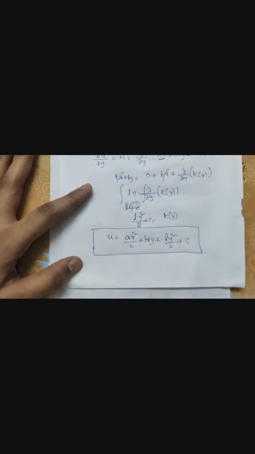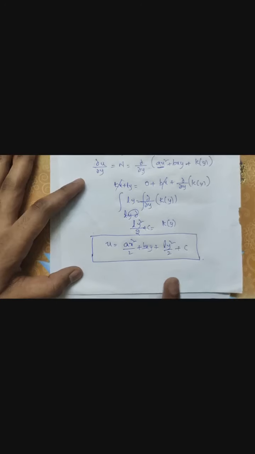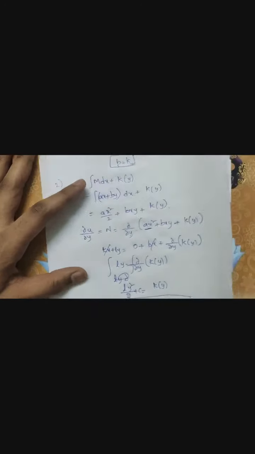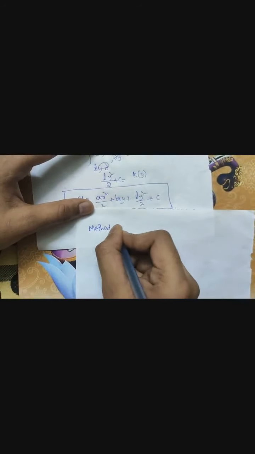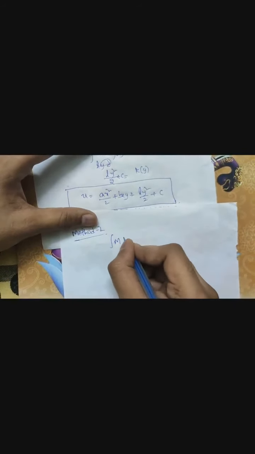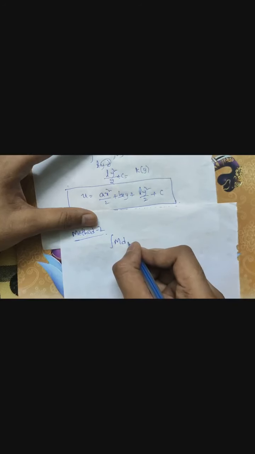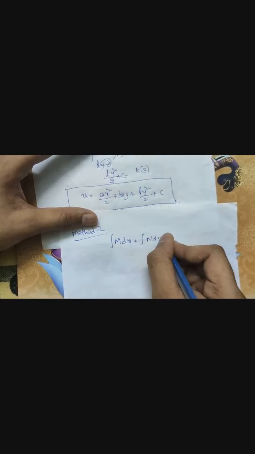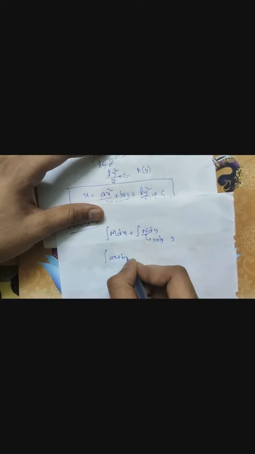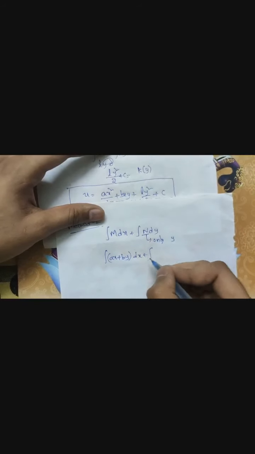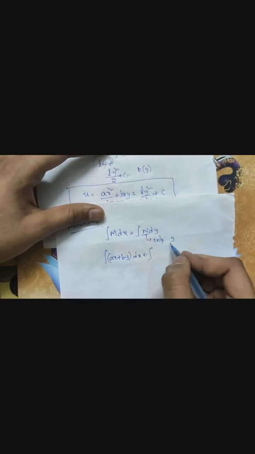Now, to verify whether this exact ODE is correct or not, I will show a second, easy method to find the exact ODE. That is, the integration of M dx plus the integration of N dy. In N we have to write only the y terms, that is, the terms not containing x. So we integrate (ax plus by) dx plus the integration of ly dy.